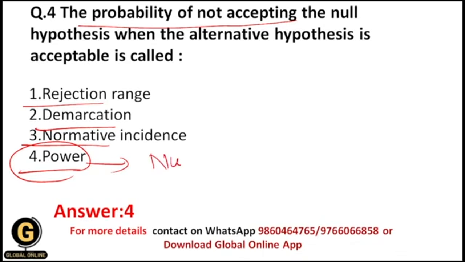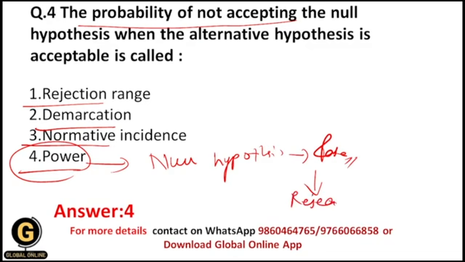So whenever this null hypothesis is false, actually it is false in reality, and that's why we are rejecting it. And the probability of rejecting this false null hypothesis is basically called as what? Power. And that's why your correct answer should be 4.